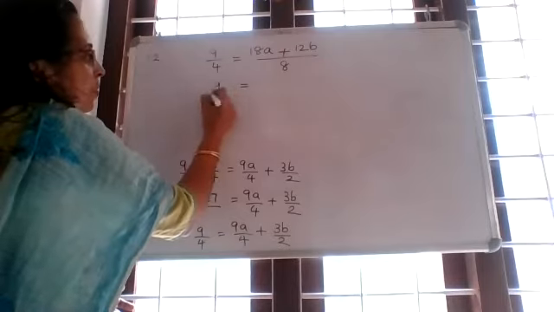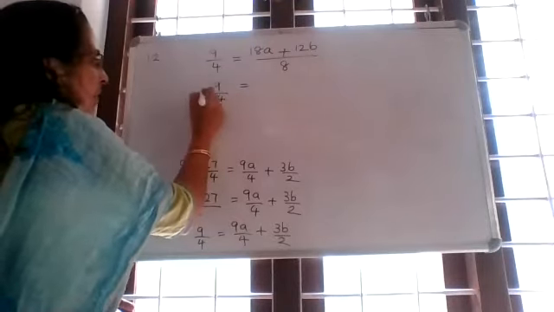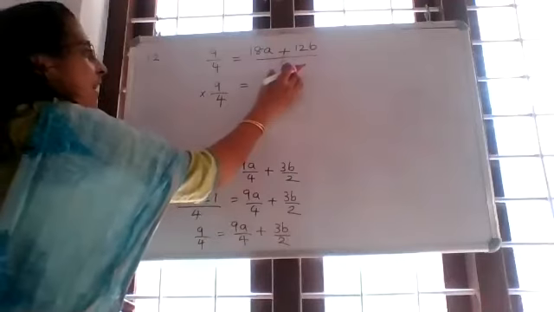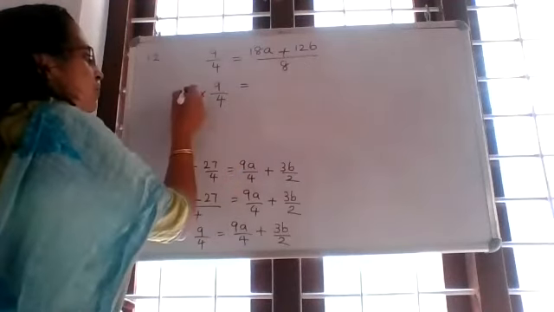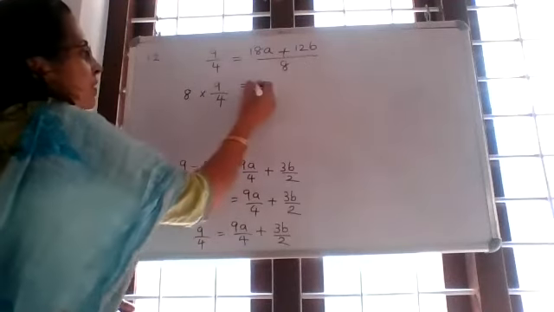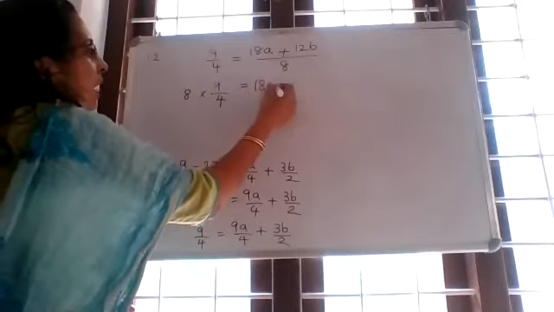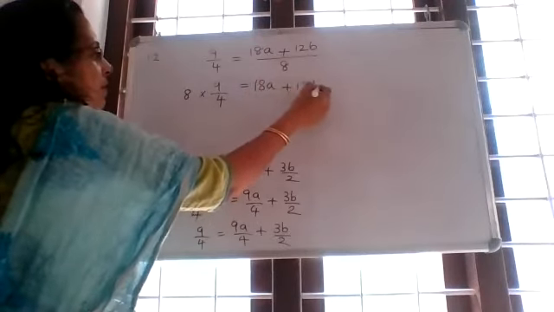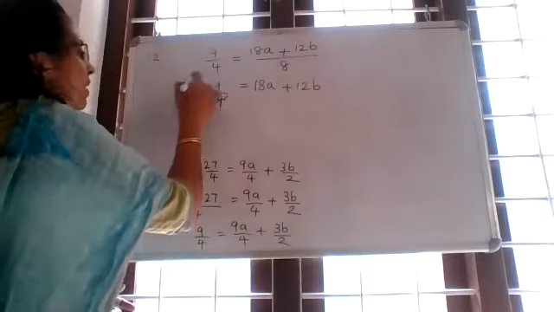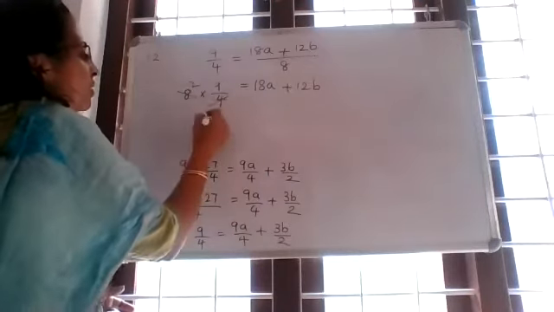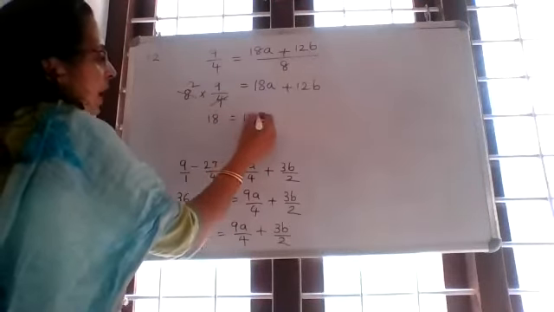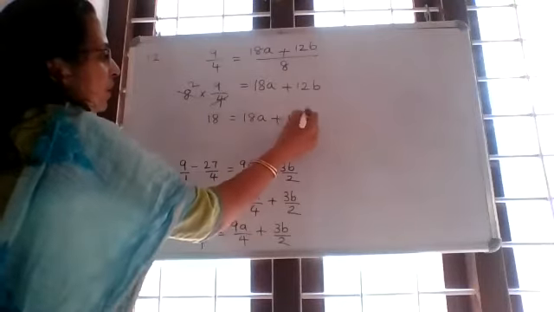So 9 by 4 into 8 is equal to 18a plus 12b. So 4 and 8 cancel: 2 times 9 2s are 18 is equal to 18a plus 12b.